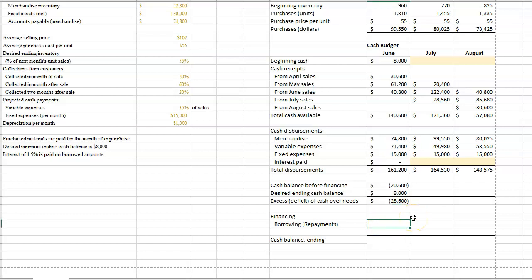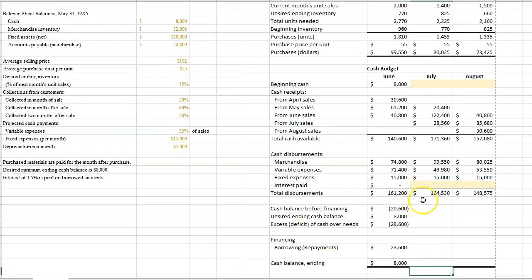Let's borrow that $28,600, which means that our ending cash balance is going to be equal to what we have available, which is negative, plus what we borrowed, $8,000. And there's that minimum cash balance again. So let's run through this again for July. Beginning cash is June's ending.